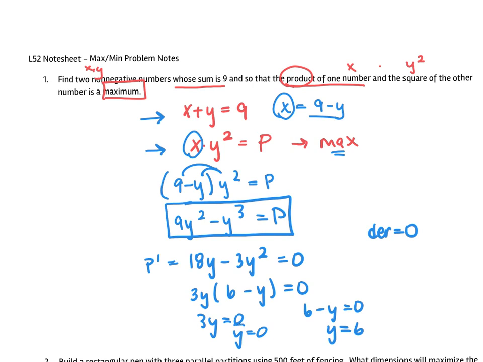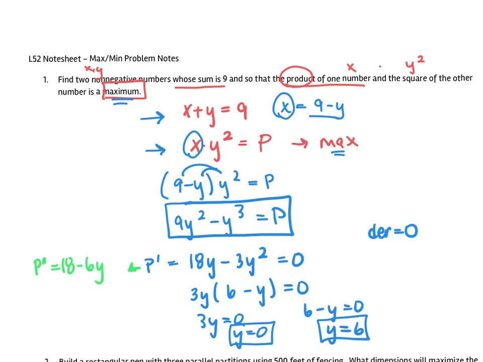Now I have two solutions here. Here is where the maximum part comes into play. I want to find a maximum. We have two ways you can do this, and I'm going to do it using my second derivative test. If I now find the second derivative, or P double prime, what I'm going to get is 18 minus 6y.